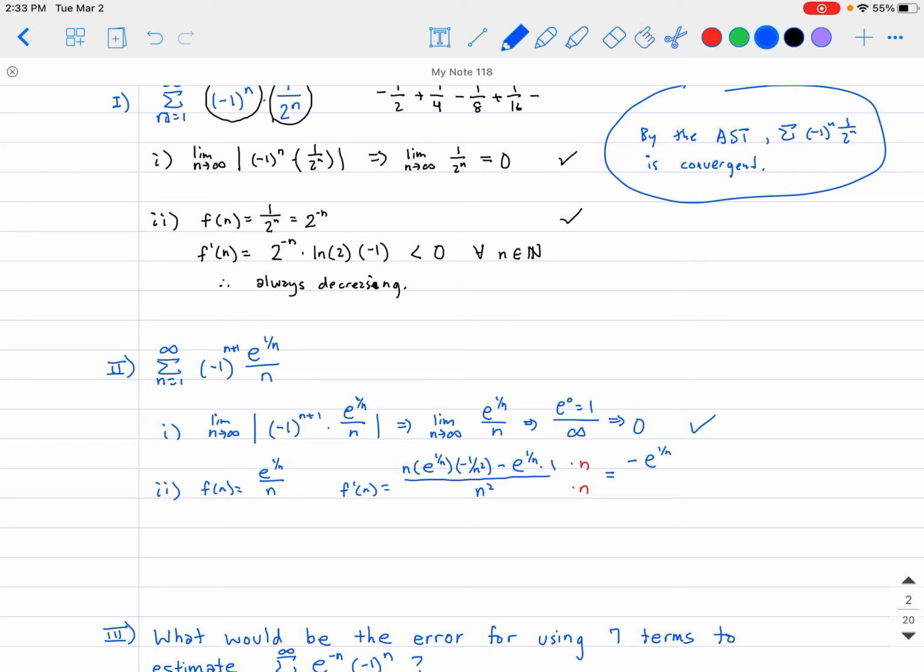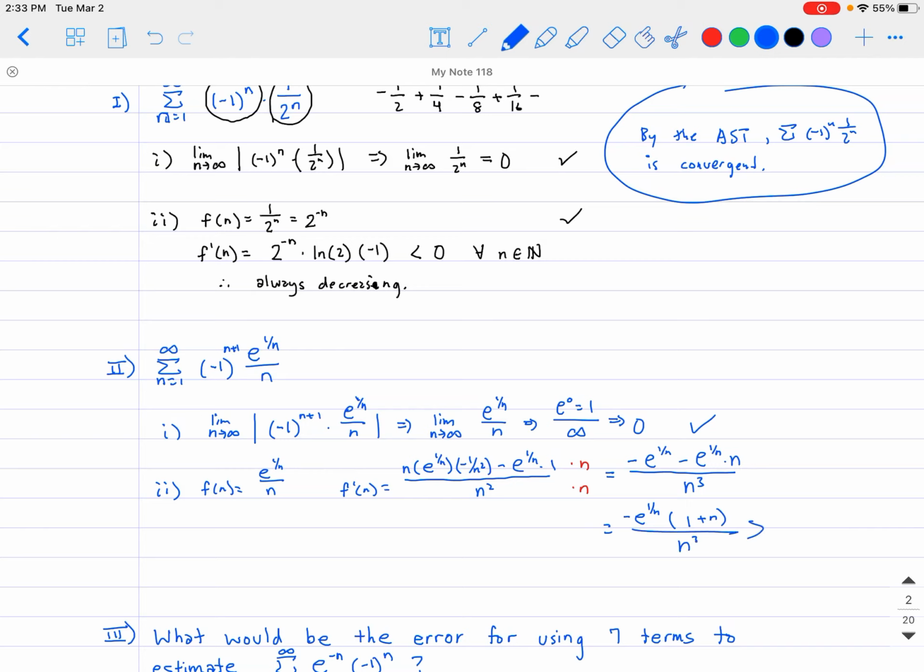For the second part, we also have e to the 1 over n, and then there should be an extra n over there, all divided by n cubed. You'll notice that we can factor out a negative e to the 1 over n. That leaves us with 1 plus n, all divided by n cubed.